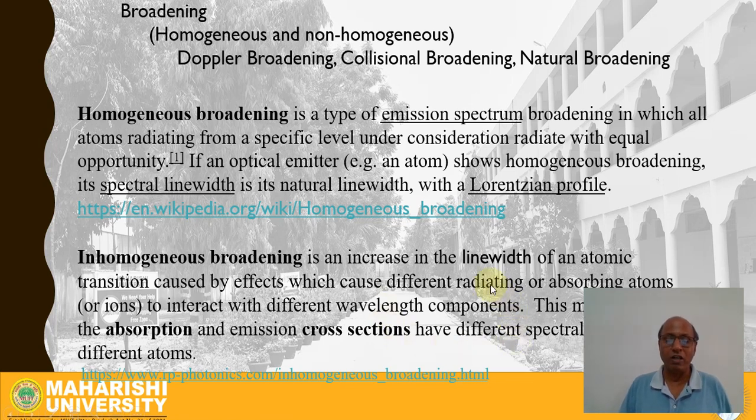Then the absorption and emission will have different cross sections and different spectral shapes. Such radiation, resulting from differences in velocities or in collision cross sections of different atoms, is referred to as inhomogeneous broadening. As we will see later, Doppler broadening is a good example of inhomogeneous broadening.